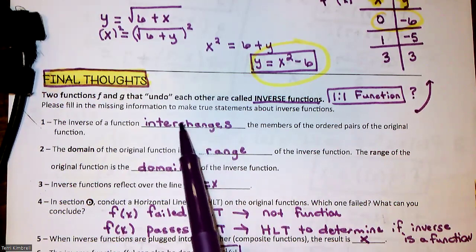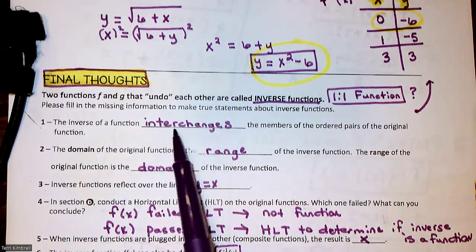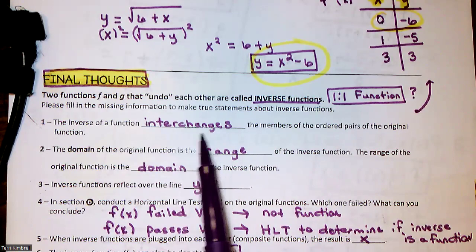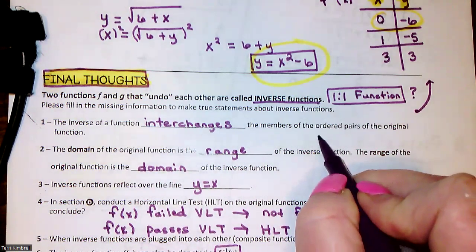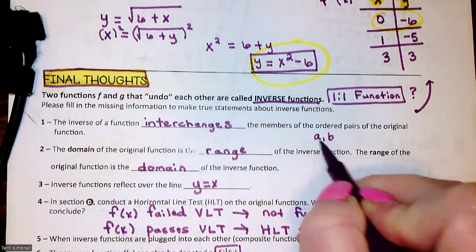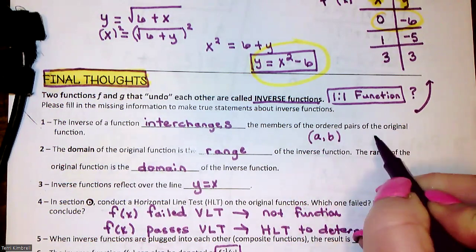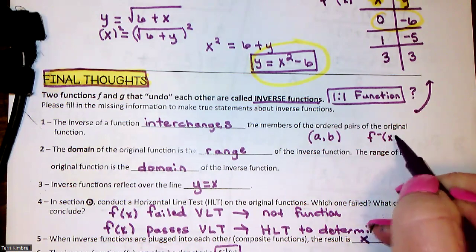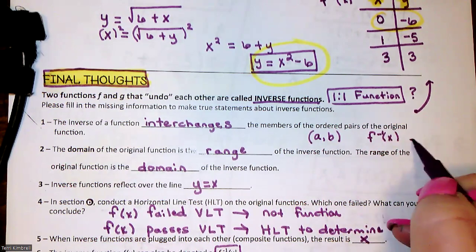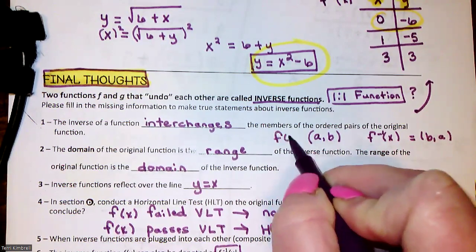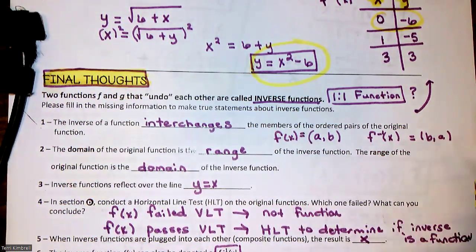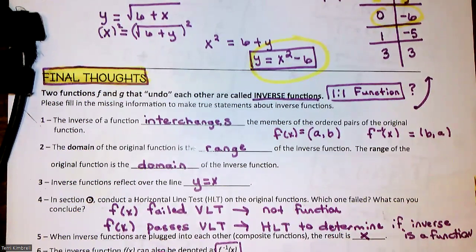When you actually think about the inverses, you're going to interchange the members of your ordered pairs. So if you were to see (a, b) in the function, then the inverse of that would be (b, a).